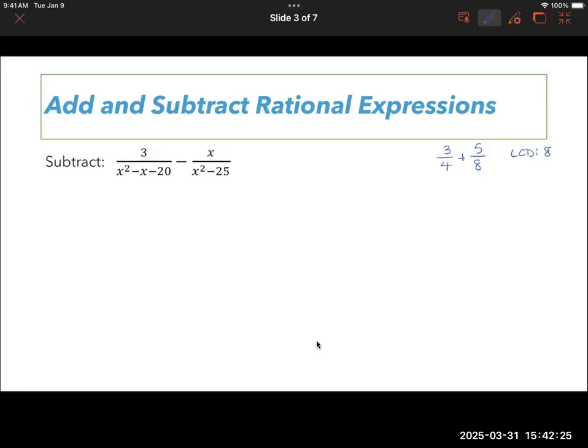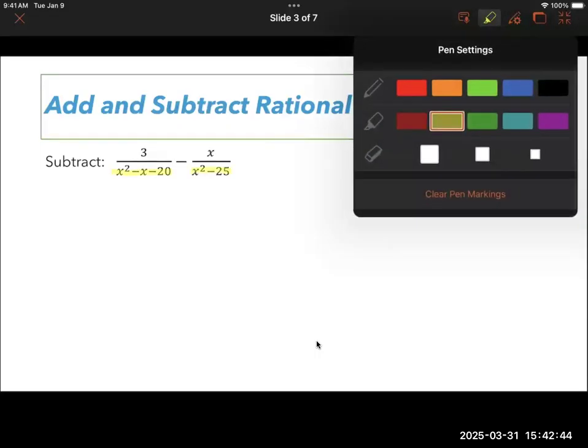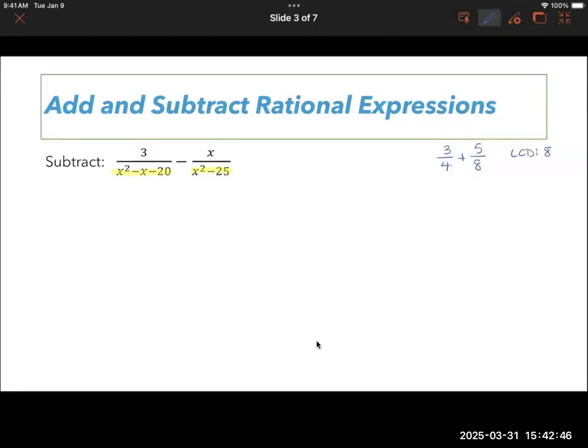Applying that logic to our rational expressions, we also need to find the least common denominator for our two denominators here, our x squared minus x minus 20 and our x squared minus 25. In order to do that, we need to again have factors, but we only are really concerned about factors in the denominators.